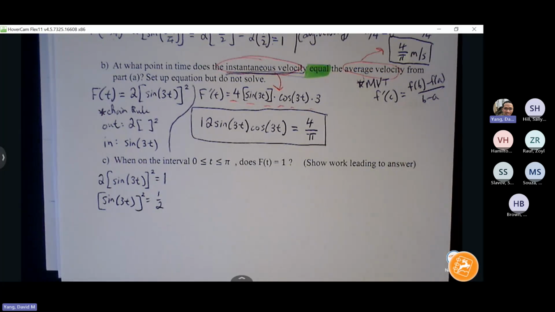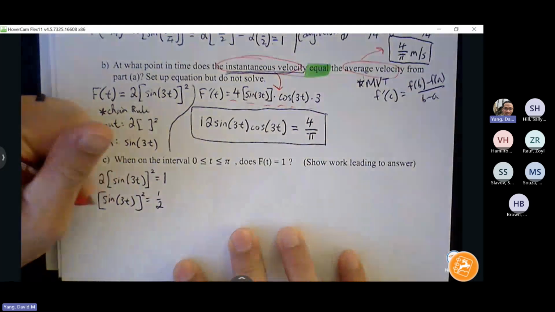Okay, so dividing by 2, we can undo the square by taking the square roots, plus or minus.